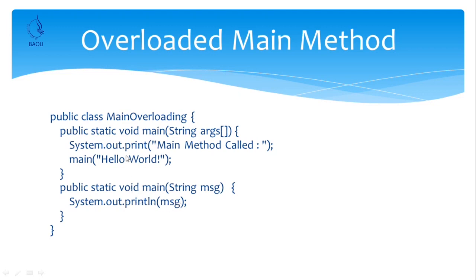We have called this main method inside the standard main definition to display the main method code, and then we call the overloaded method with hello world. So, it displays main method code and then hello world. So, this is how you can overload the main method if you require.